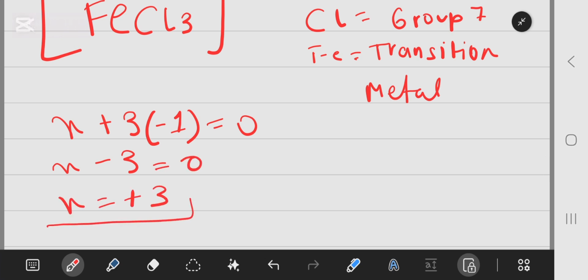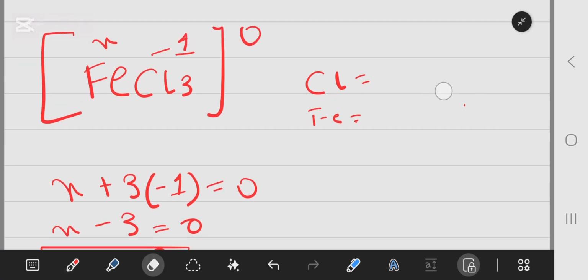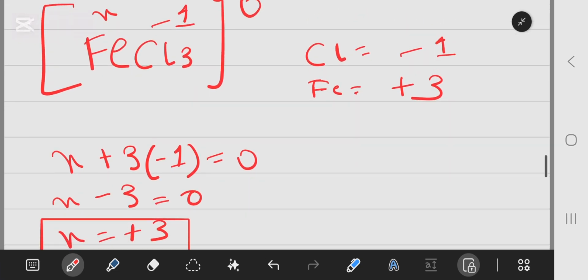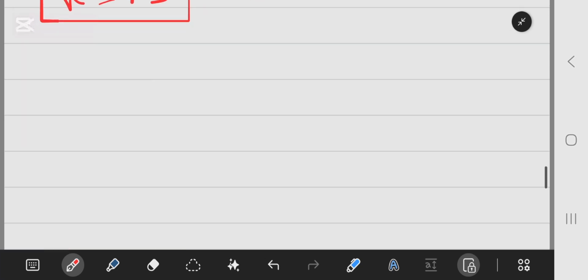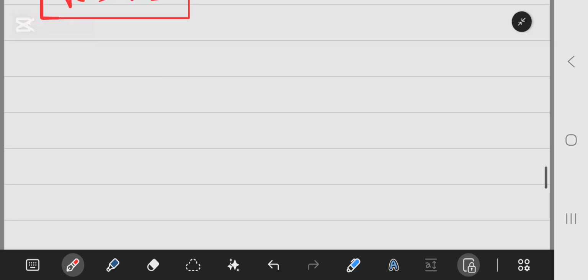So the oxidation number of iron is plus 3. Let me just remove that over here. So chlorine was -1 and now iron is plus 3. This is very simple. You just need to apply a very basic mathematical equation in order to figure out the charge. Right.